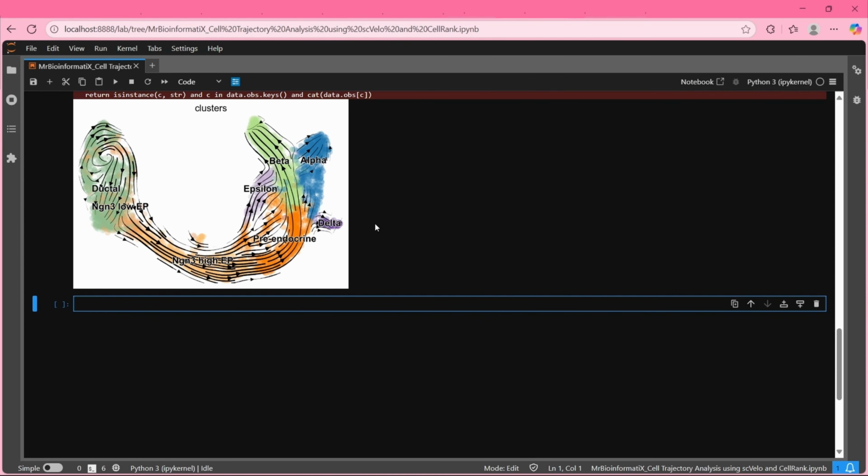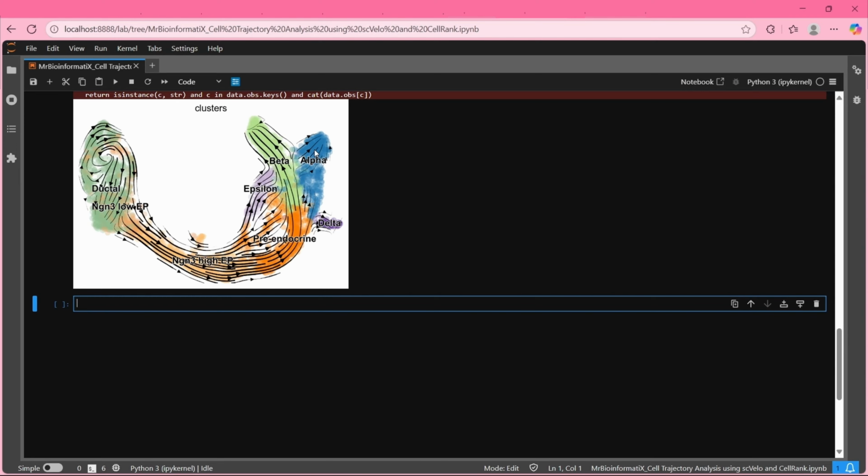For example, arrows from pre-endocrine to beta show that some cells are moving along a developmental path toward the beta cell, insulin-producing identity, and the arrows from pre-endocrine to alpha indicate another group is differentiating into alpha cells, like glucagon producing. Together these arrows reveal branching developmental trajectories, meaning the same precursor population, which is pre-endocrine, splits into multiple mature endocrine fates.